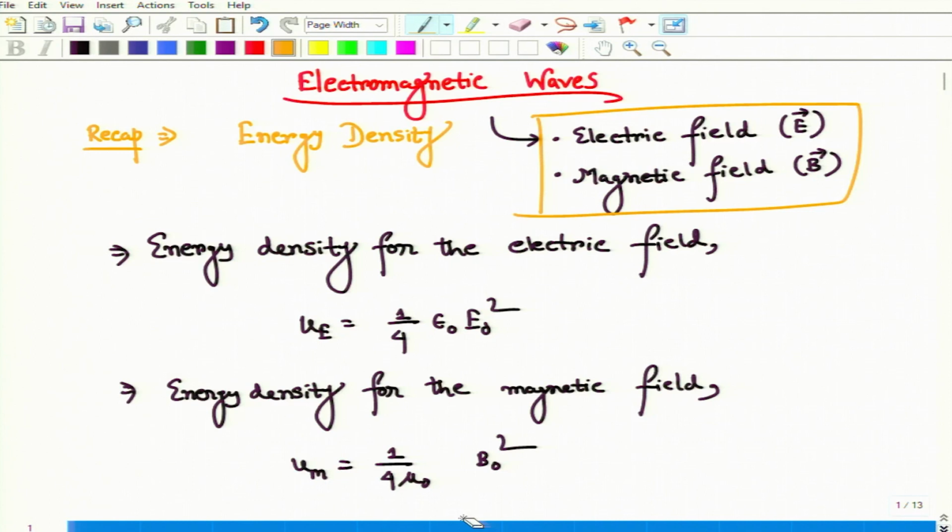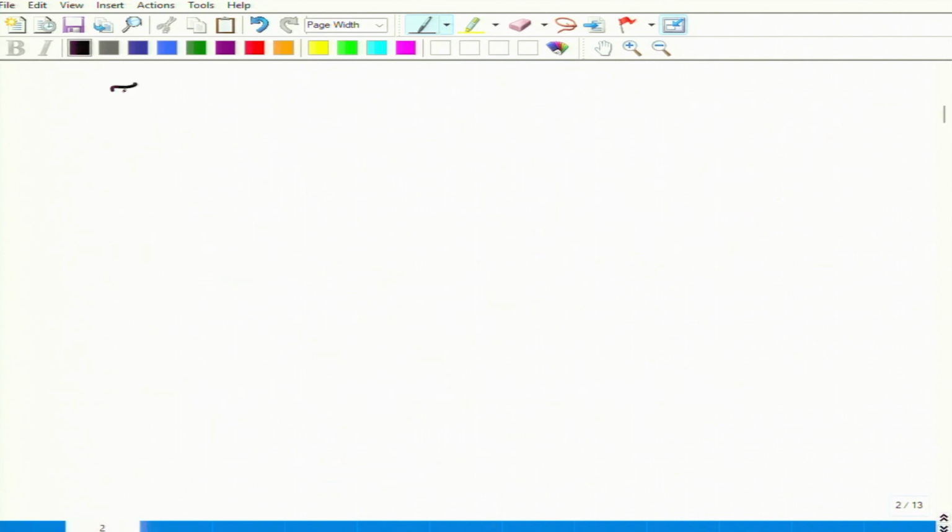Okay, it's correct. Now the total energy density should be U equals UE plus UM.